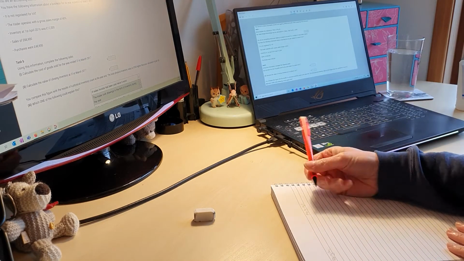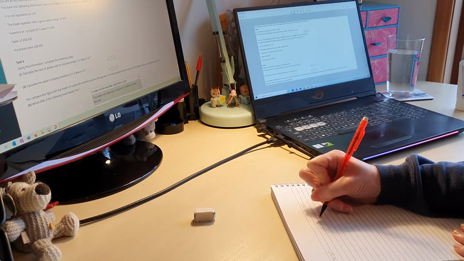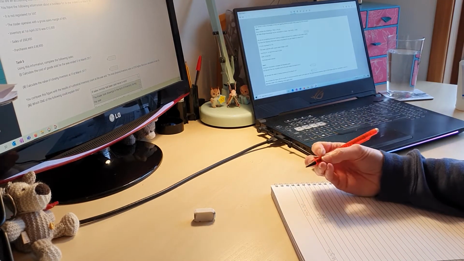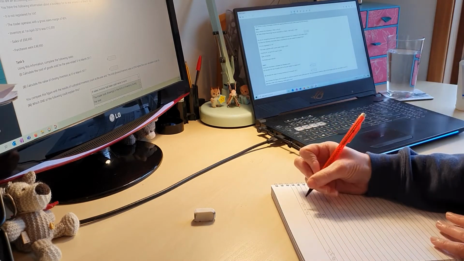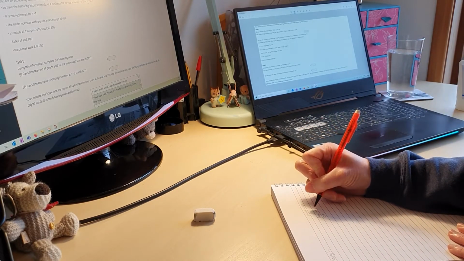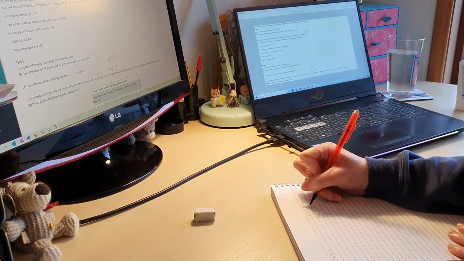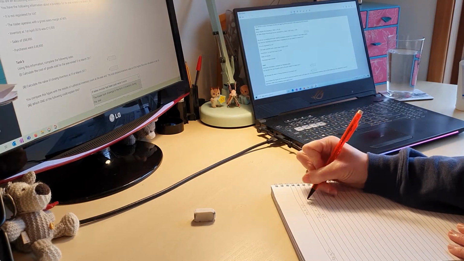So a markup. So you've got price is 100 plus 20%.